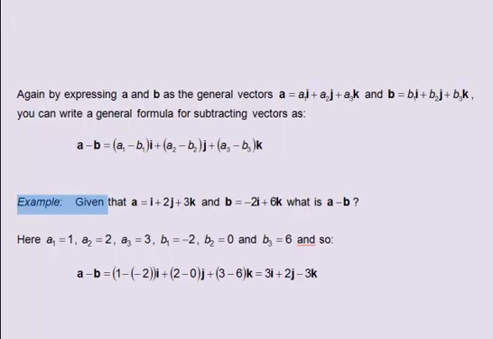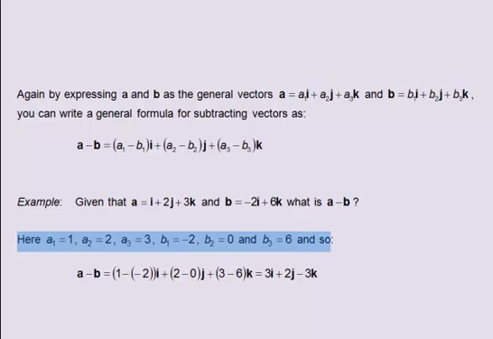Example, given that a equals i plus 2j plus 3k and b equals minus 2i plus 6k, what is a minus b? Here, a1 equals 1, a2 equals 2, and a3 equals 3, b1 equals minus 2, b2 equals 0, and b3 equals 6.